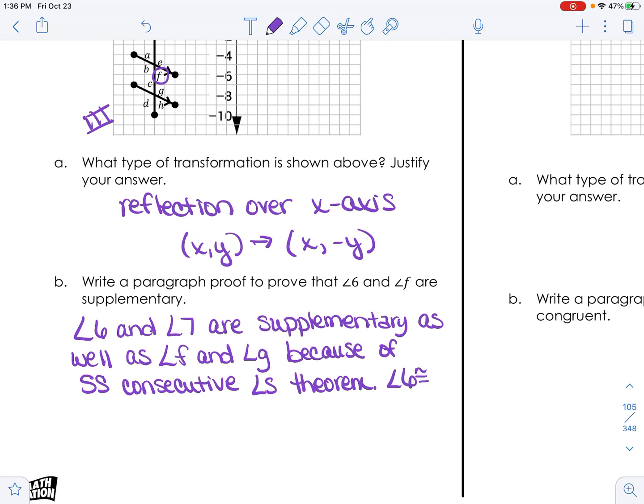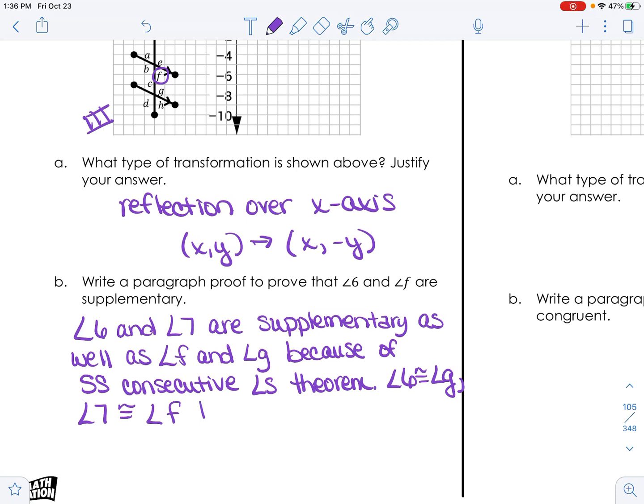Angle 6 is congruent to angle G. Angle 7 is congruent to angle F. Where did I get angle S from? I don't know.